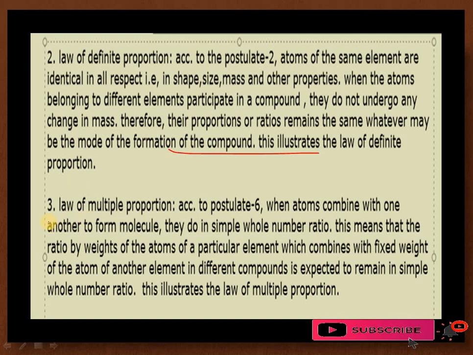The third law is the law of multiple proportion. According to postulate 6, when atoms combine with one another to form molecules, they do so in a simple whole number ratio. We all know this means that the ratio by weight of atoms of an element which combine with a fixed weight of the atom of another element in different compounds is expected to remain in a simple whole number ratio. So this illustrates the law of multiple proportion.